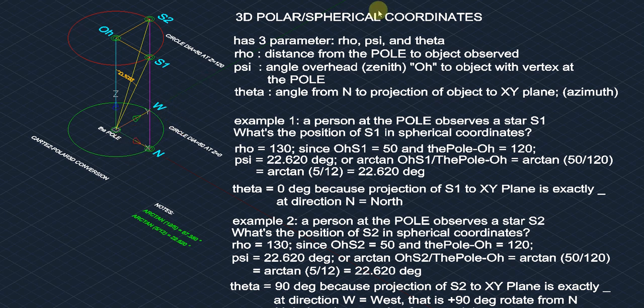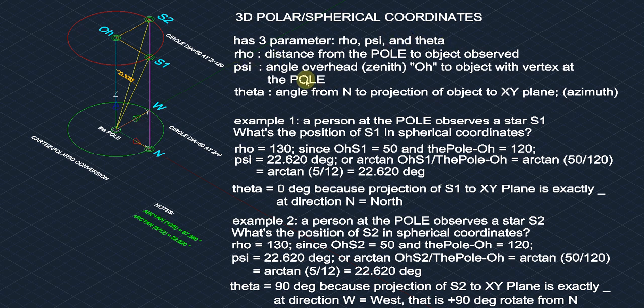This coordinate system has three parameters. One is rho, or somewhere they say r. This is the radius or distance from this pole to the object we want to position.